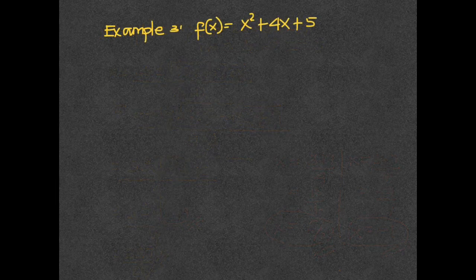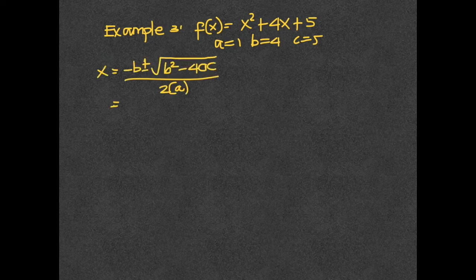Let us go over example number 3 this time, where we're given the function f of x equals x squared plus 4x plus 5. So the value of a is 1, b equals 4, and c equals 5. Let's write down the quadratic formula. Now, let us supply the values of a, b, and c into the formula.